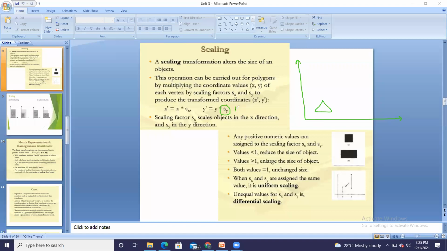So that when I multiply y with 1, there will be no change. And I want to expand it along x-axis. So expansion means what? The value of Sx is greater than 1. So when Sx is greater than 1, then only expansion will take place.